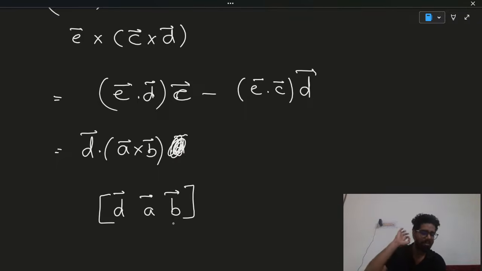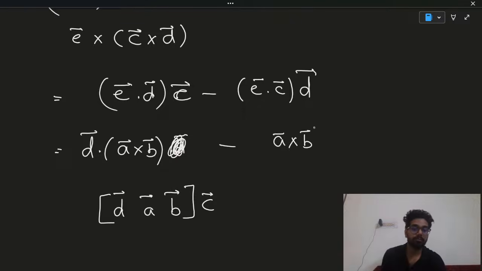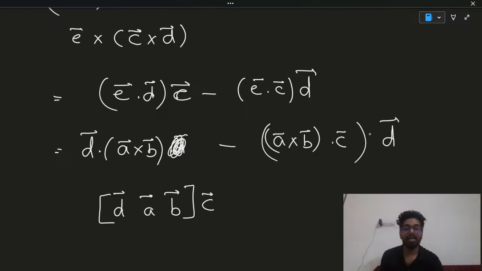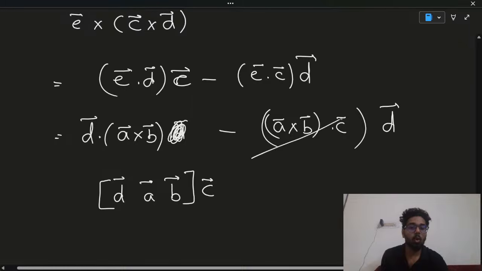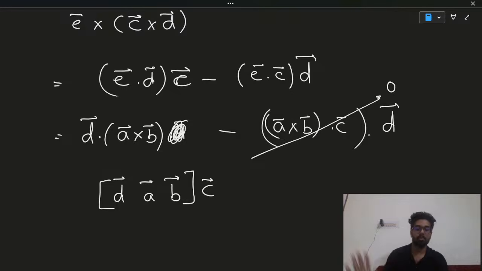Classic example. Now outside it's C, okay? Minus, what is E dot C? It's A cross B dot C whole multiplied. Now this is 0. Why? Read the question. The question says A, B, C are coplanar. When it is coplanar, remember coplanar scalar triple product is 0. Simple. Scalar triple product coplanar is 0.